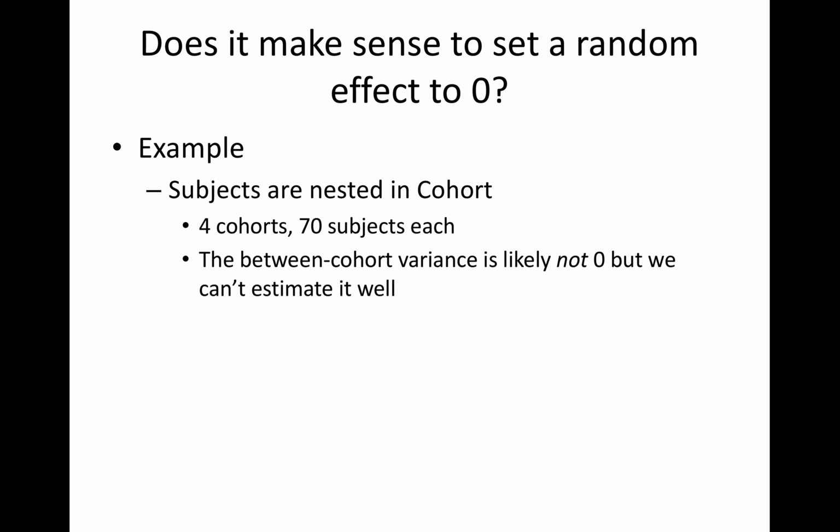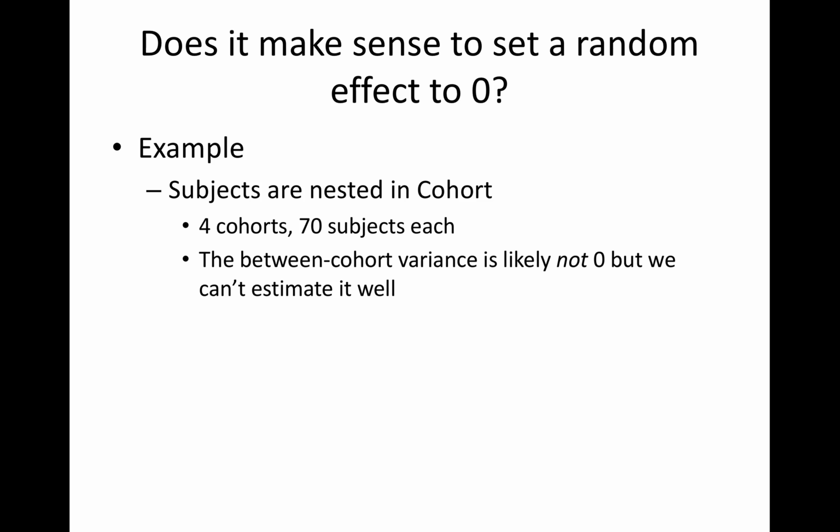Then you have to think about whether it makes sense to set a random effect to 0. So what does that mean? Let's say we're looking at depression indices over time for people, or whatever, something that would change over time.